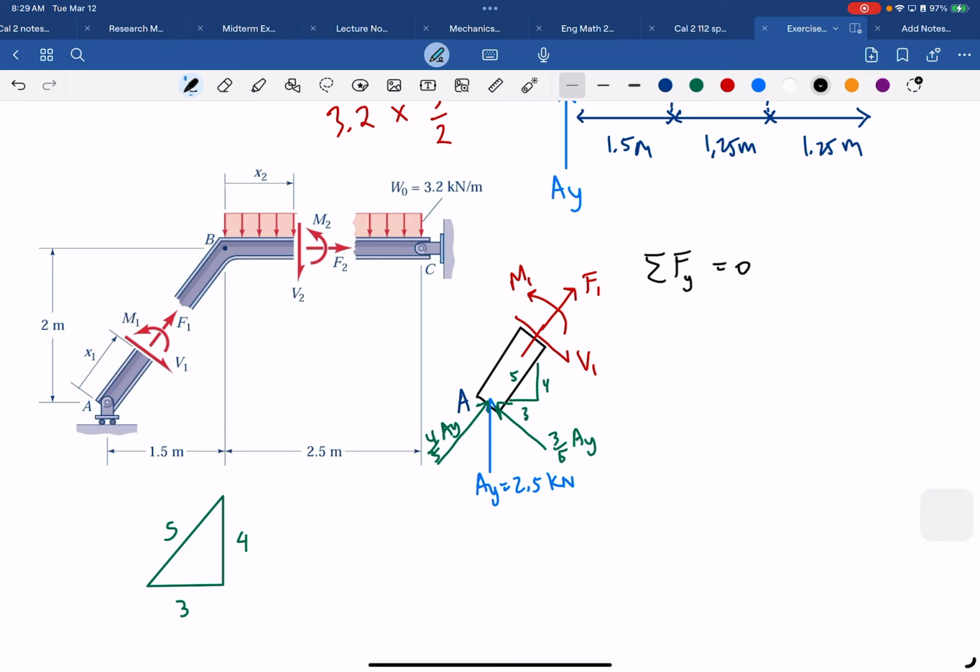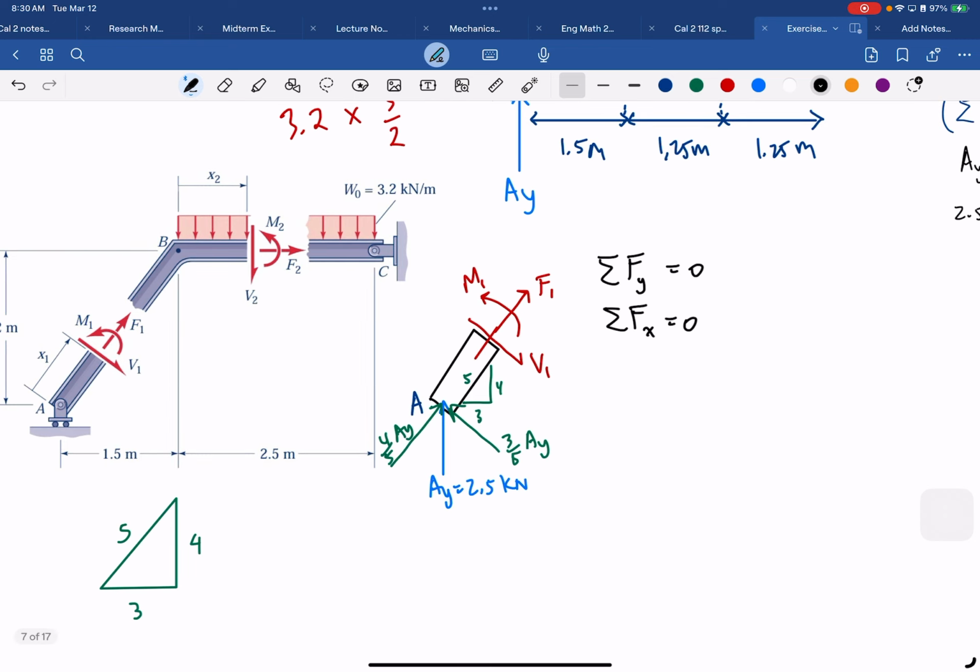Okay, so let me just write everything. So V1 is equal to 3 over 5 AY, and AY is 2.5. This will be equal to 1.5.